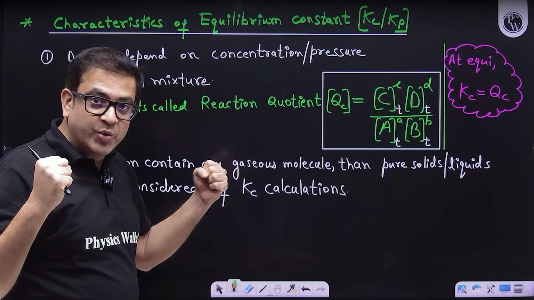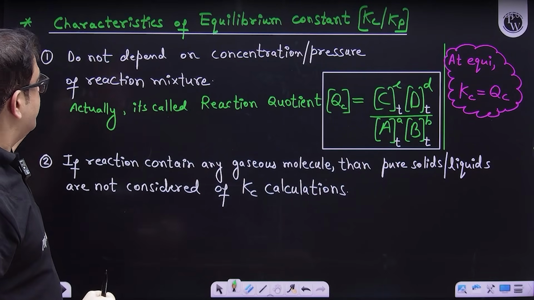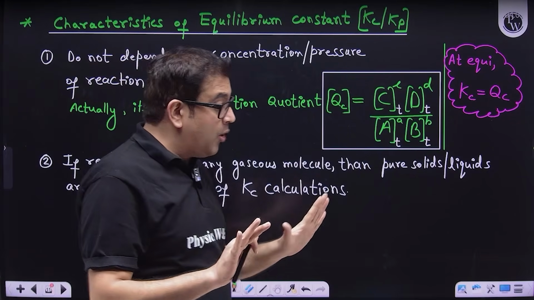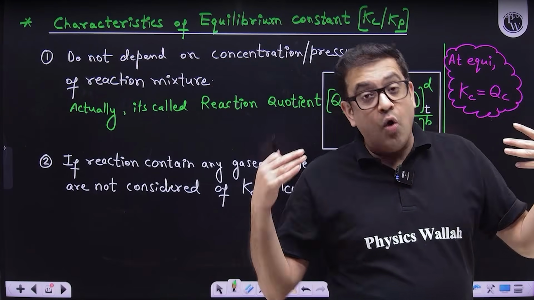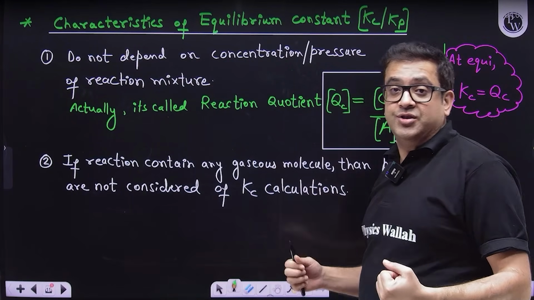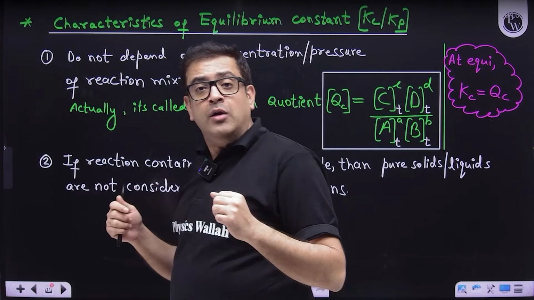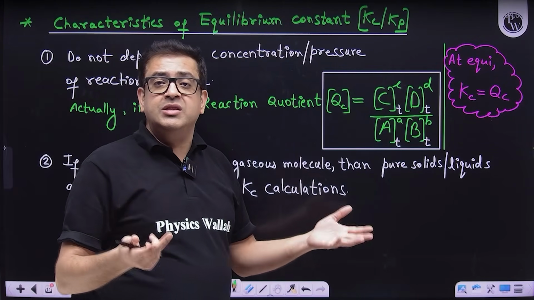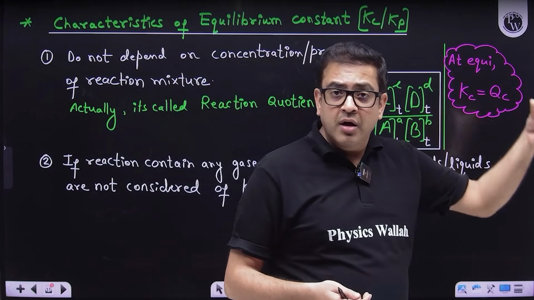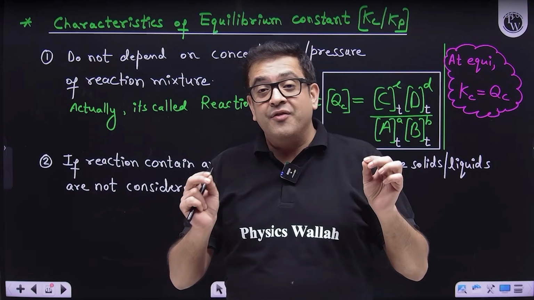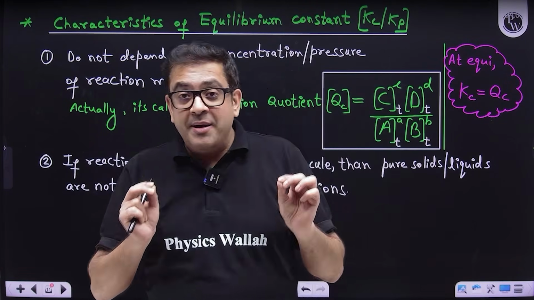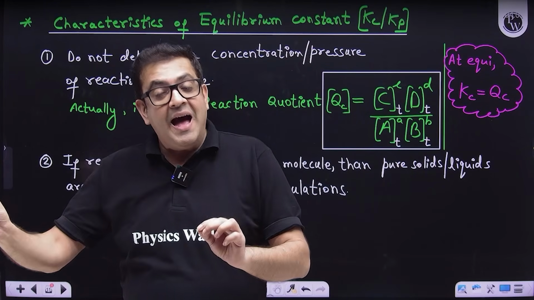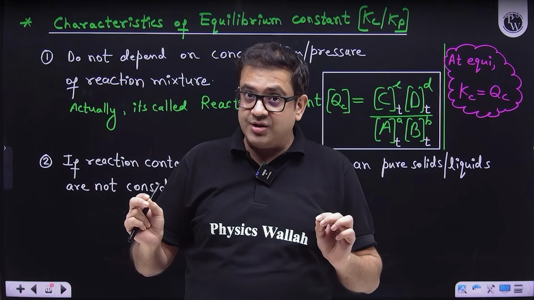Let us move into its characteristics. The first characteristic says it does not depend upon the concentration or even the pressure of the reaction mixture. Sir, you have calculated using the formula K, and Kp, Kc are equal to concentration and partial pressure. My dear friends, these values of Kc and Kp have been experimentally determined for various reactions.